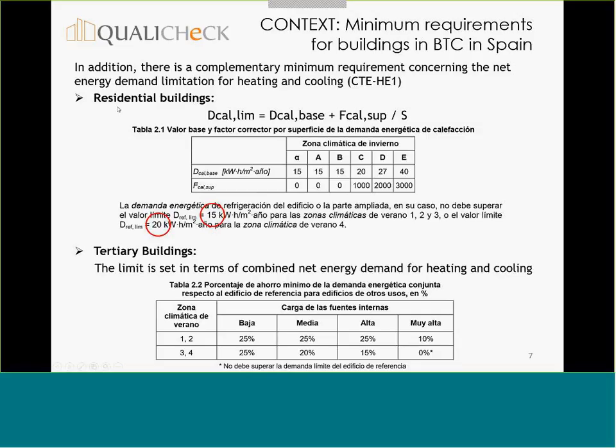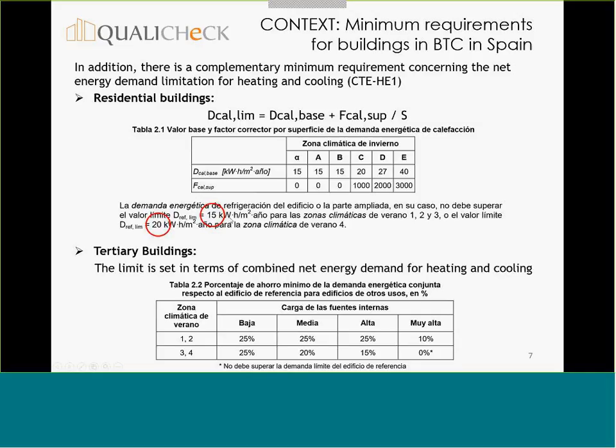Then, again, for residential building is different than tertiary buildings, and here you see for residential building, the limit for the heating is based in a similar formula, a similar equation. Again, depending on the climatic zone for winter, you have different limits. The bigger the building, the lower the limit. This is for heating, and for cooling there is just a simple limitation.